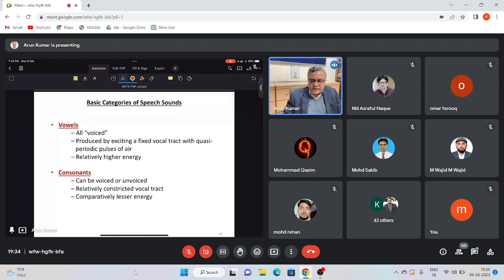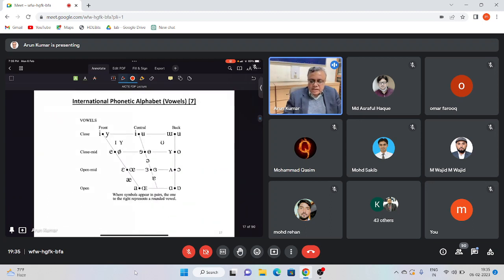Vowel sounds have relatively higher energy compared to consonant sounds. Consonants can be voiced or unvoiced, and they are produced by a relatively constricted vocal tract. Because of this constriction, compared to vowel sounds, they have lesser energy.